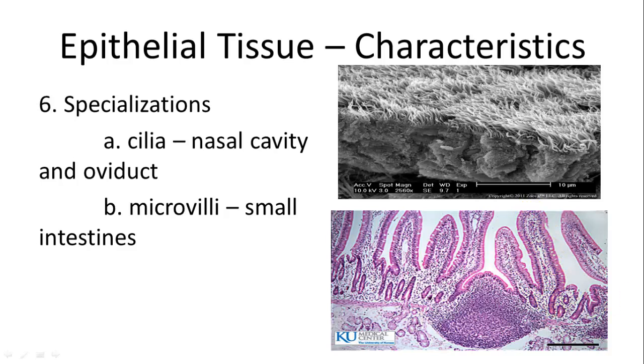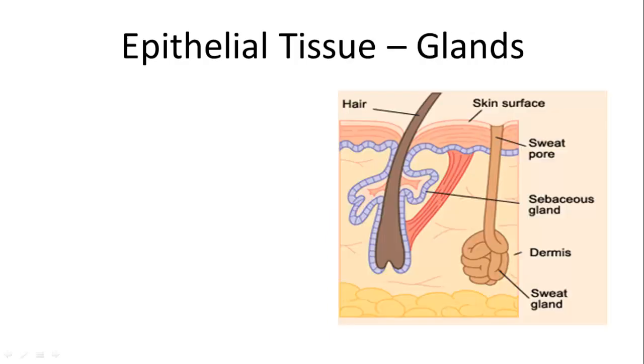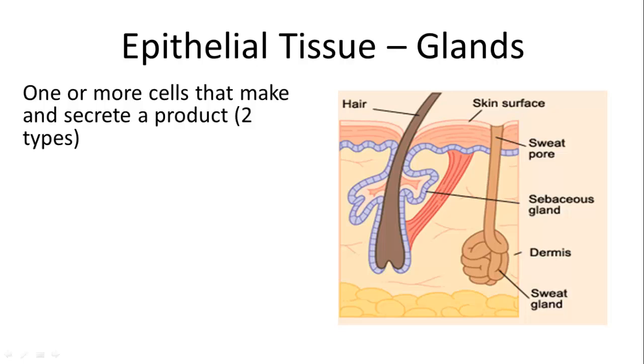small intestines. There are also many different types of glands associated with epithelial tissue. A gland is one or more cells that secrete a product, something that's then expelled from the cell. There are two different types.